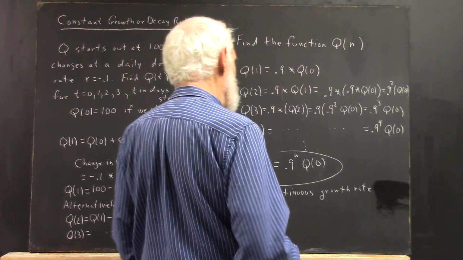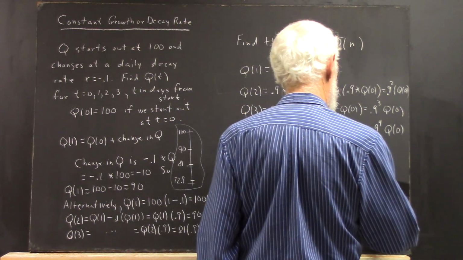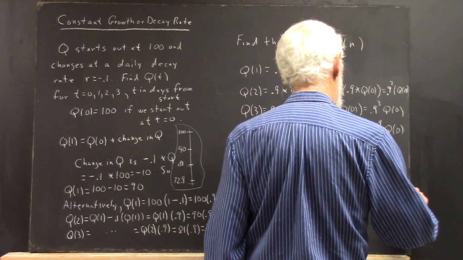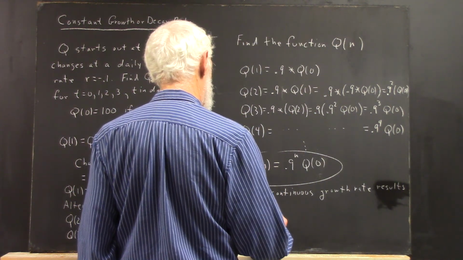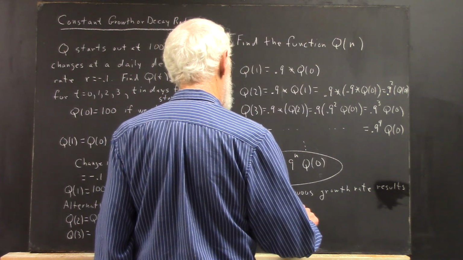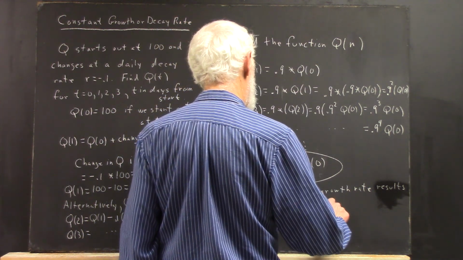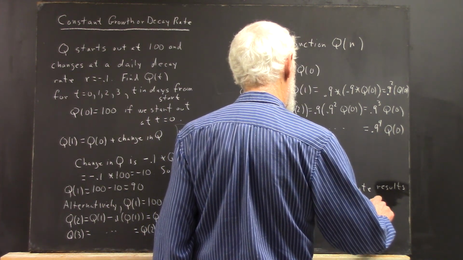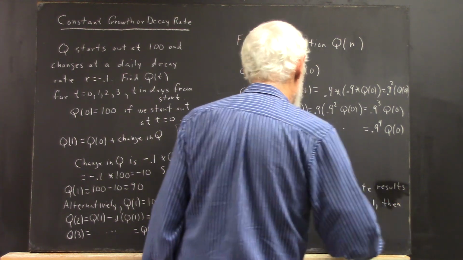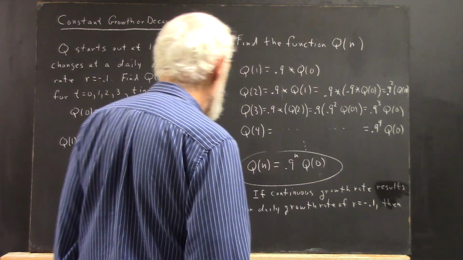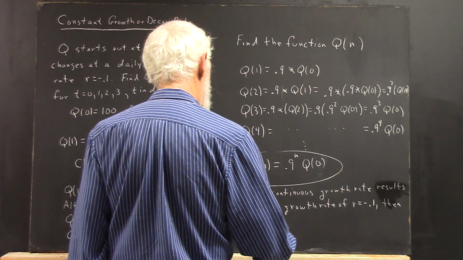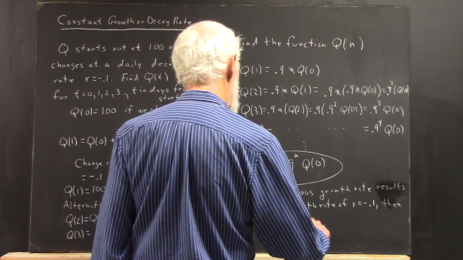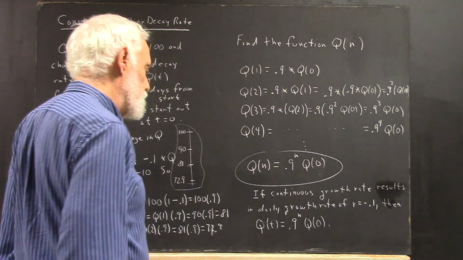If a continuous growth rate results in a daily growth rate of r equals negative 0.1, then Q of t equals 0.9 to the t times Q of 0.